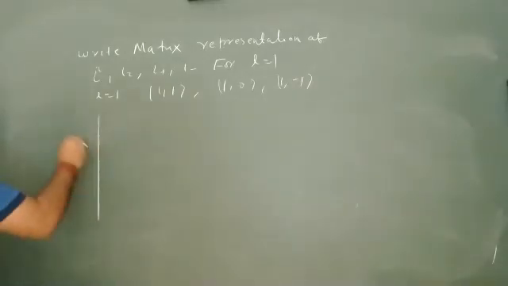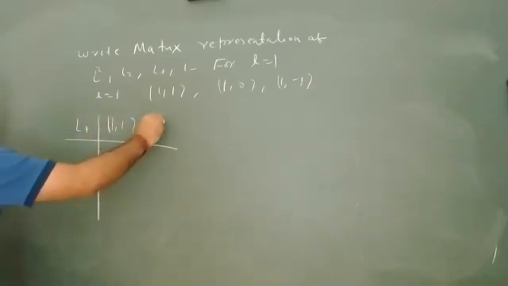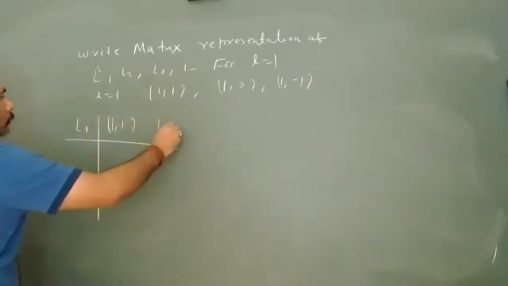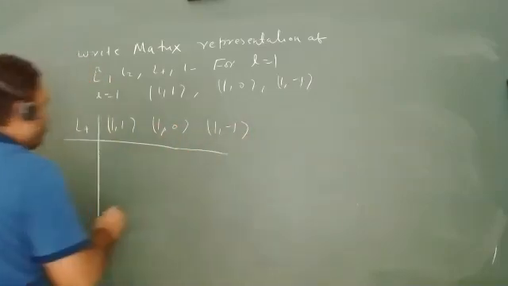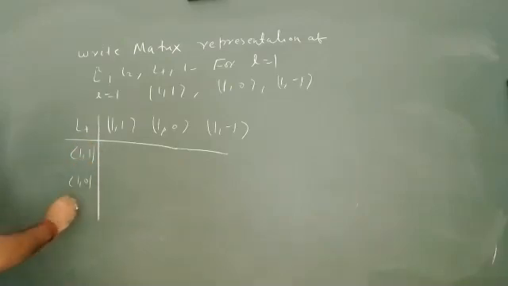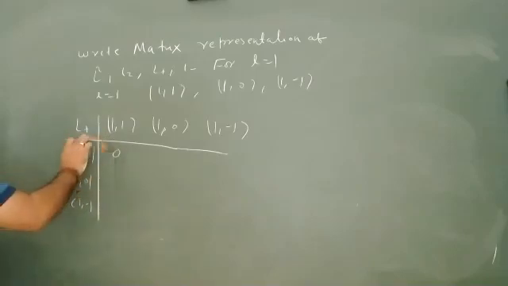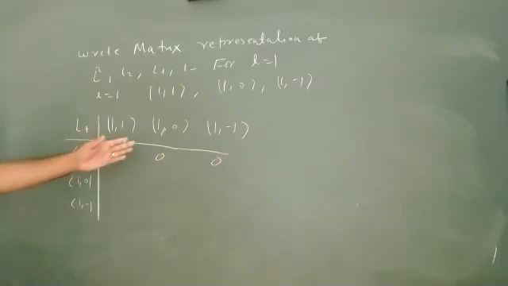Again, this is L plus with rows and columns 1 1, 1 0, 1 minus 1. L plus will go to this. This is 0, this will be 0, this will again be 0, because no other term is going to contribute.